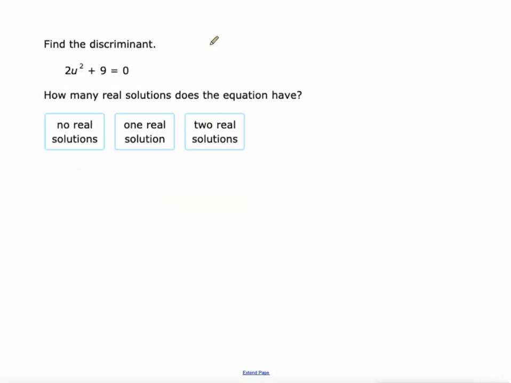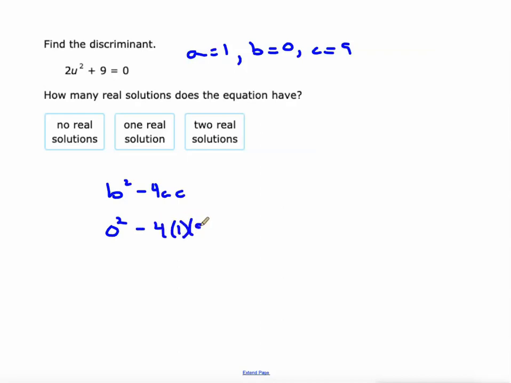Here's another one. Let's see. First of all, a is 1. There is no b value, or b is 0, because there's no x term. And then c is 9. Okay, so let's figure out the discriminant. B squared minus 4 times a times c. 0 squared minus 4 times 1 times 9.